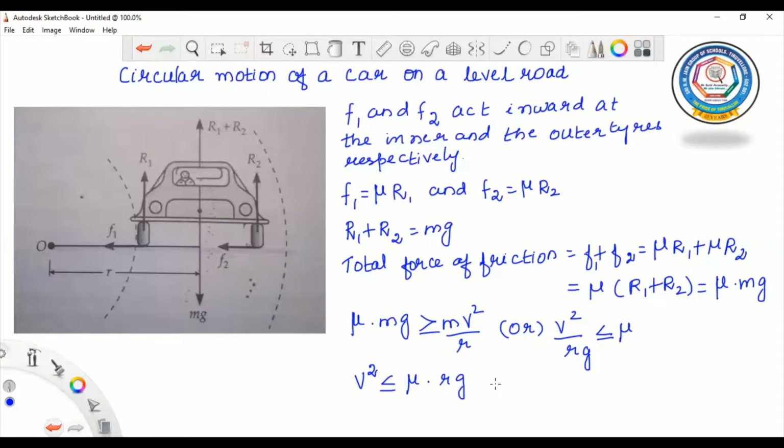Now let us see what is the maximum speed with which the car can take a turn safely. The maximum velocity is equal to root of mu r g.